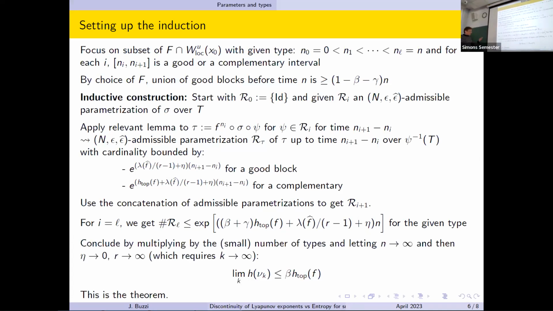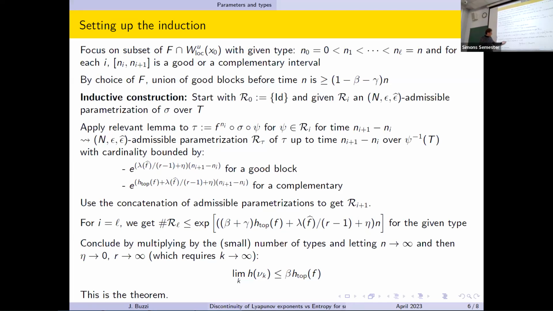To do it seriously, you have to remember that you just fixed the type, but it adds an extra error, but you don't care. Then you first let n go to infinity to apply the Fibert-Katok formula that we discussed before. And then you let the error go to 0.